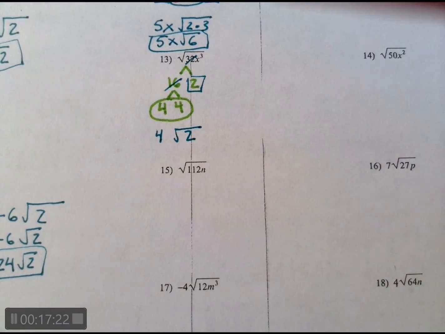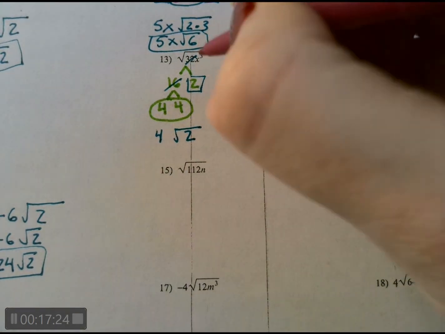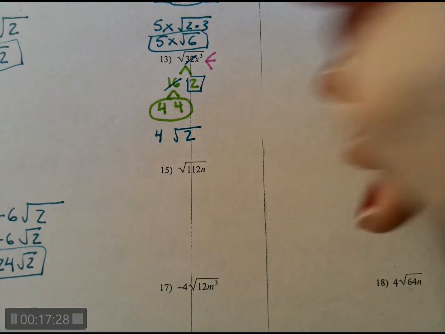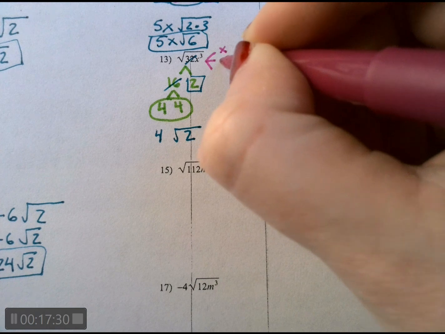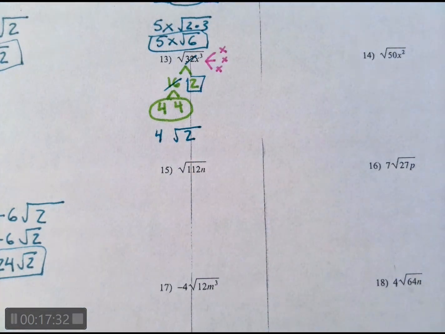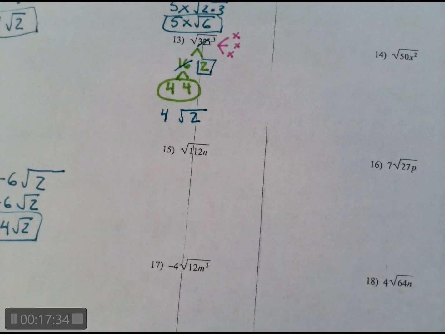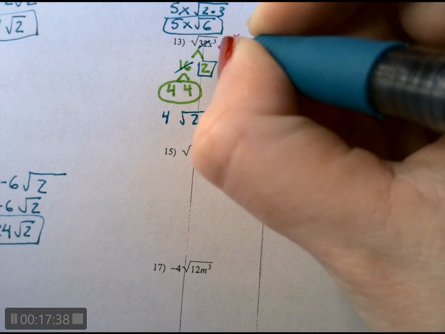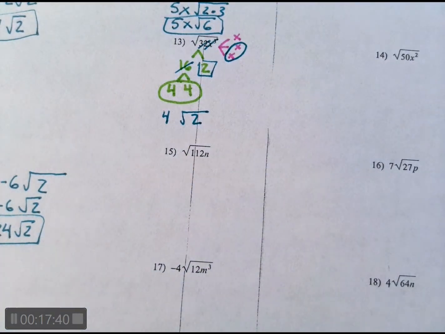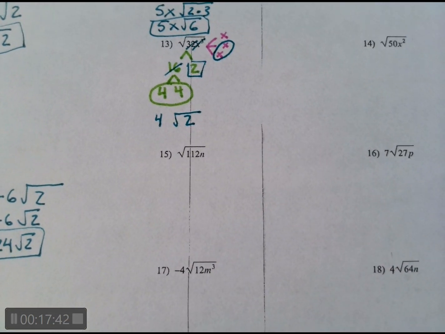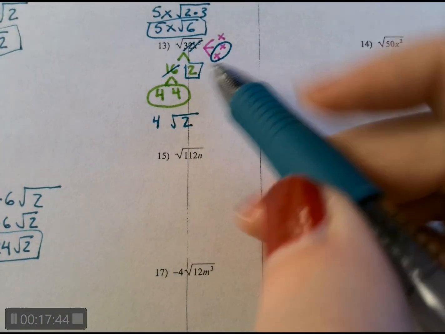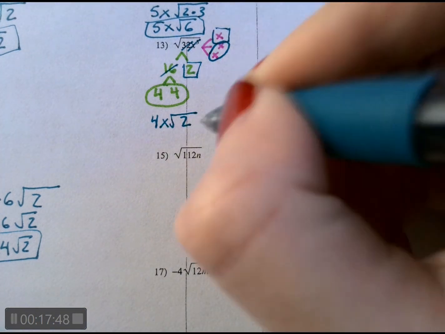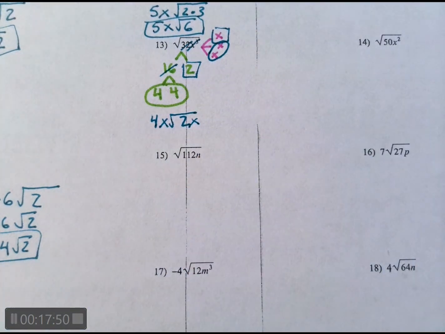There's a 3 with our x, so I need to draw 3 arms. 1, 2, 3. And then x. 1, 2, 3 x's. And like always, I'm going to circle my pairs, cross that out because we used it. Alright, so now one of my pairs is going to go on the outside, and whatever is left over goes on the inside.